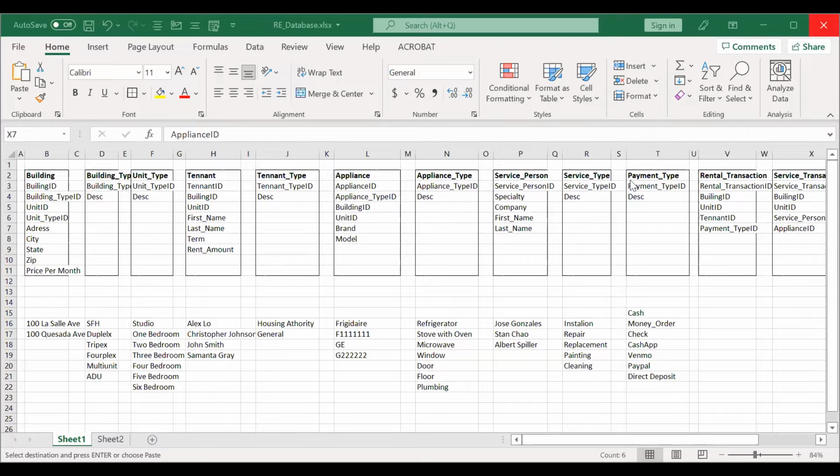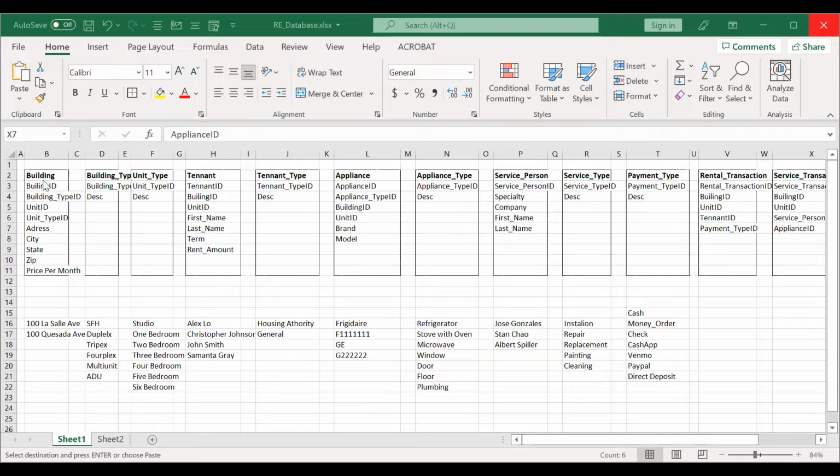And we also didn't think about payments. Let's go over all of these tables in more detail. By the way, the only table I don't have that you have is the owner table, because I assume this is for one owner. But if it was a management company, they would need an owner table.